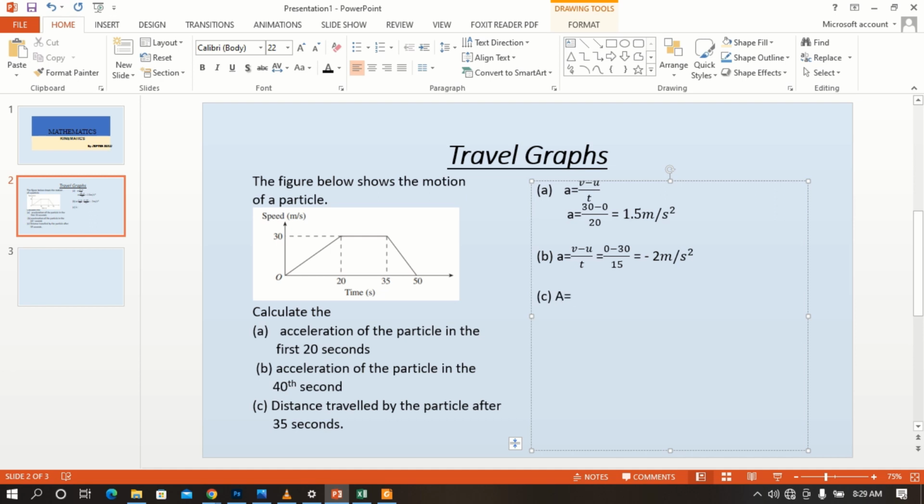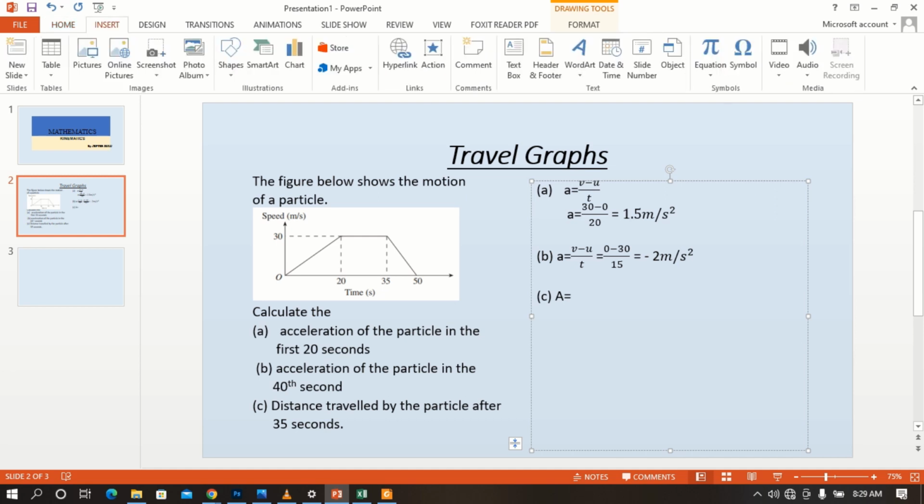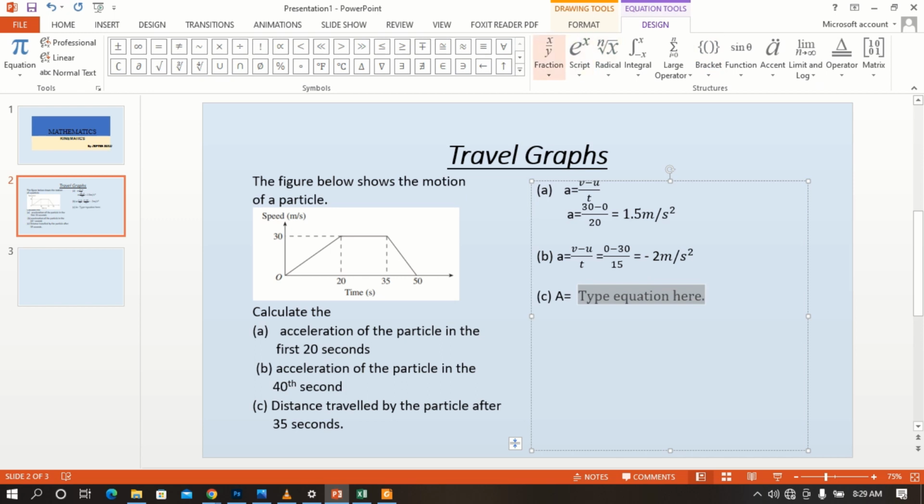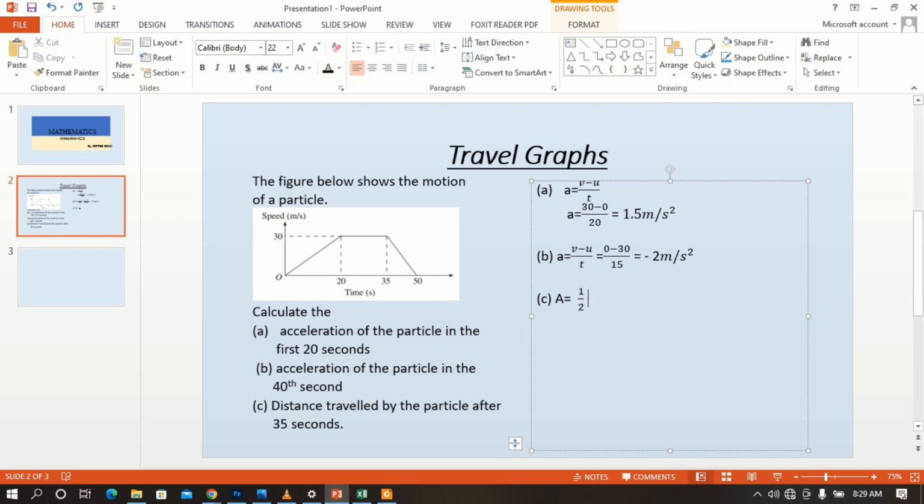So we say the area of a right-angled triangle is half base height. Half multiplied by the base multiplied by height. So this becomes the formula for the area of a right-angled triangle. So half of what? What is the base? The base is just 50 minus 35, which is 15.